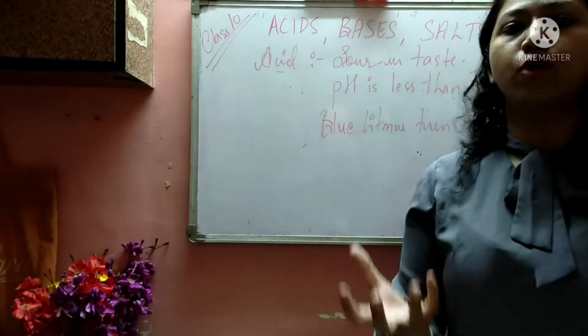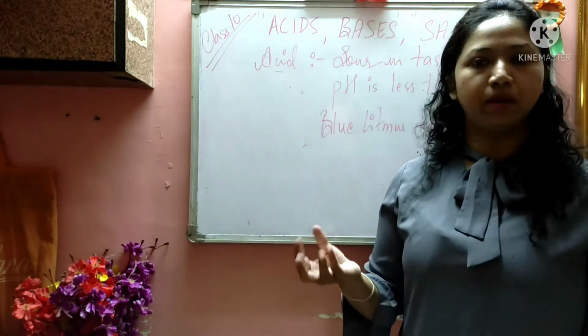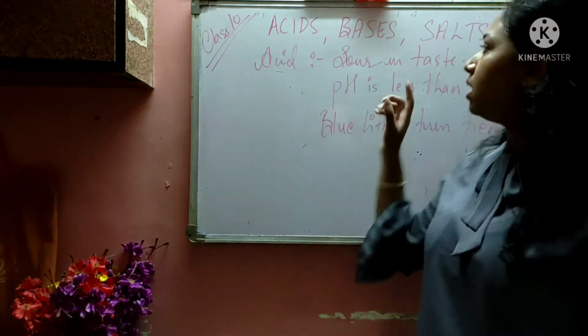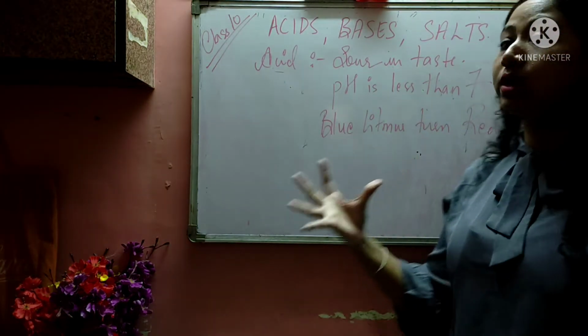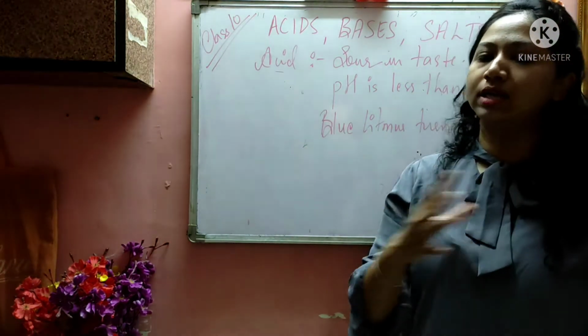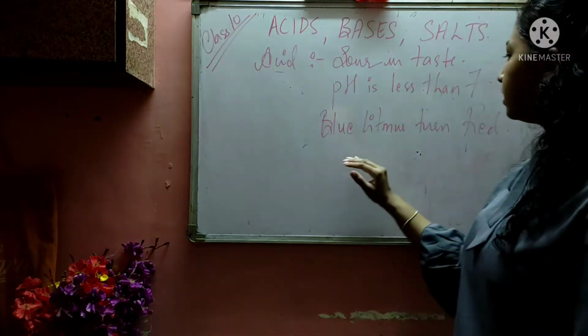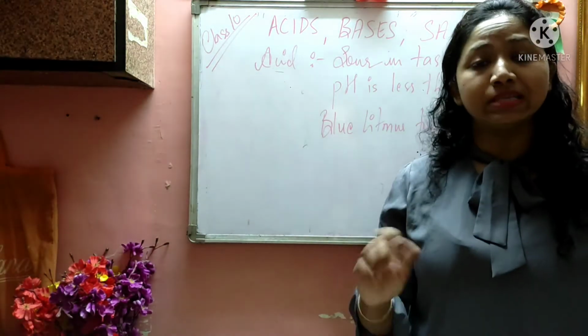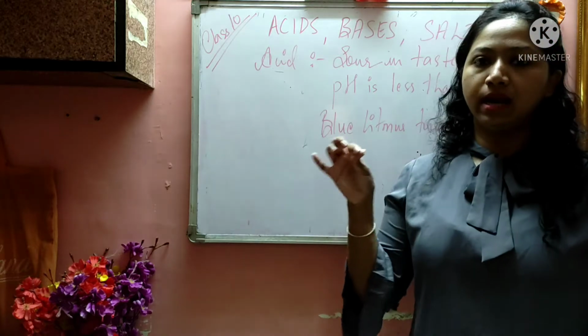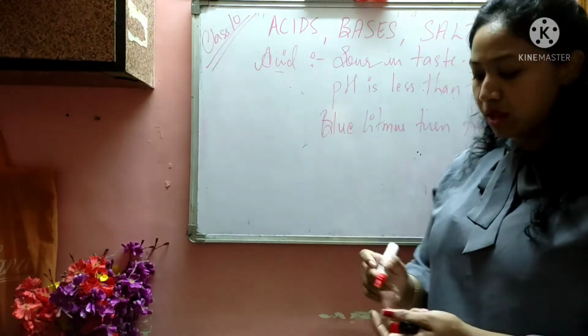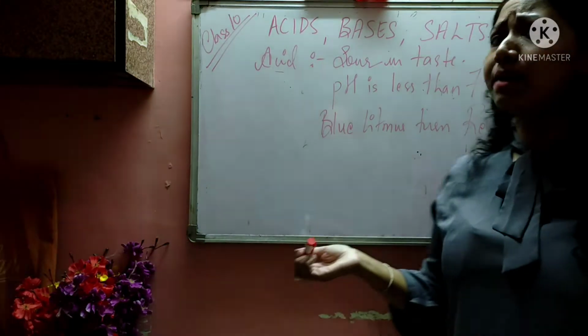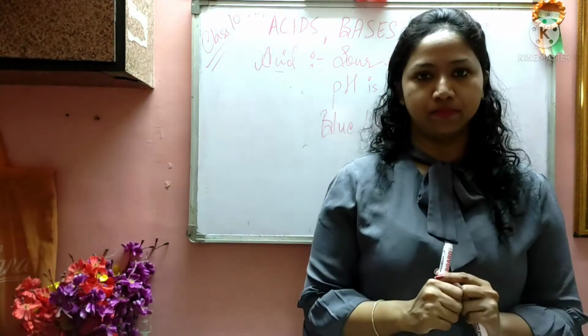So it is sour in taste, its pH will be less than 7, and third, blue litmus turns red, which is an indication that your solution is acid.